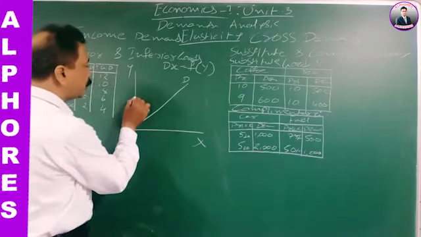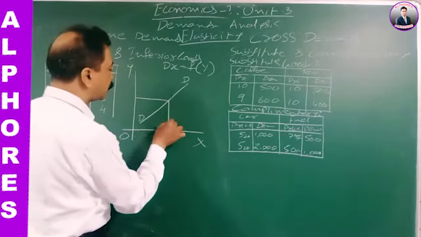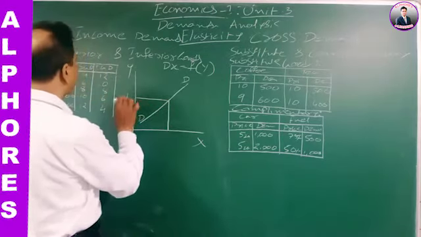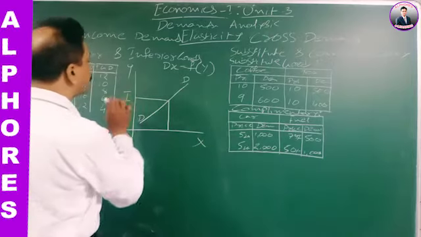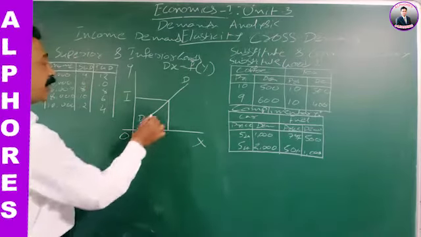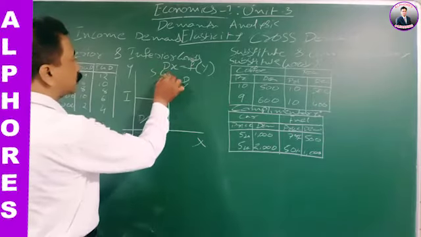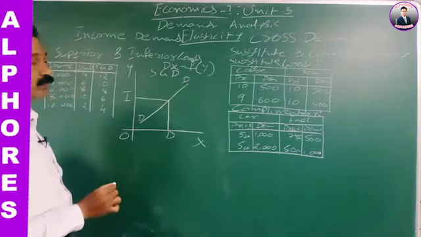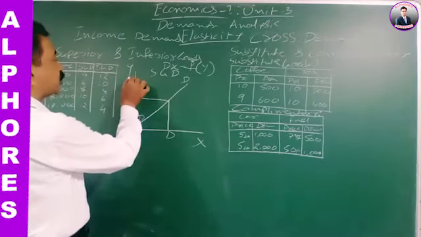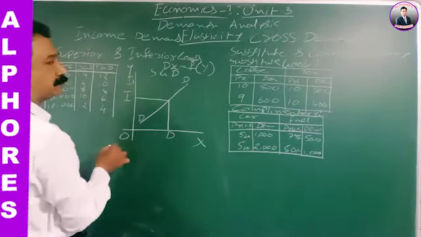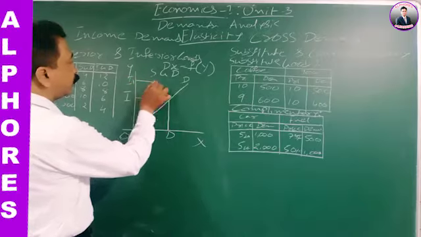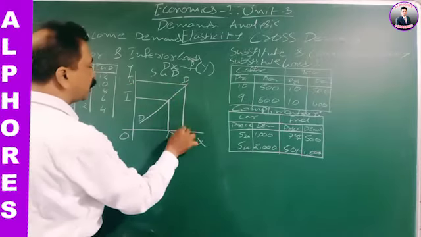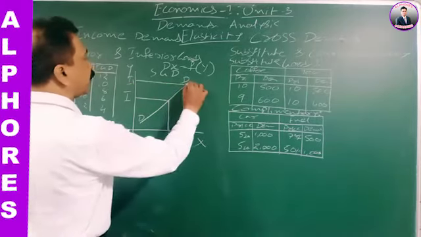See, when the income is I, demand for superior goods is D. If the income increases to I1, demand for superior goods also increases to D1.